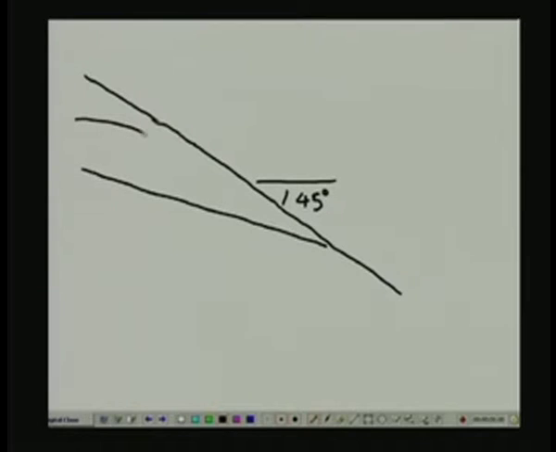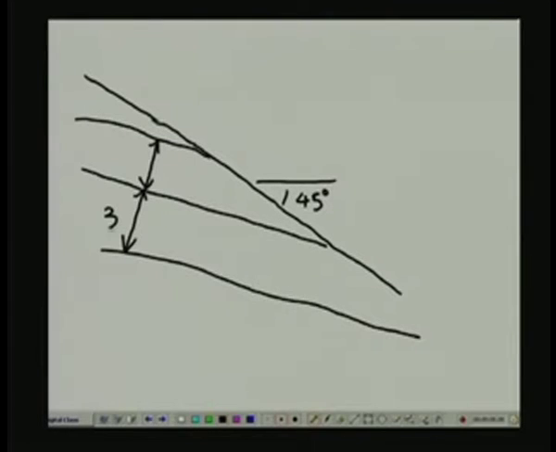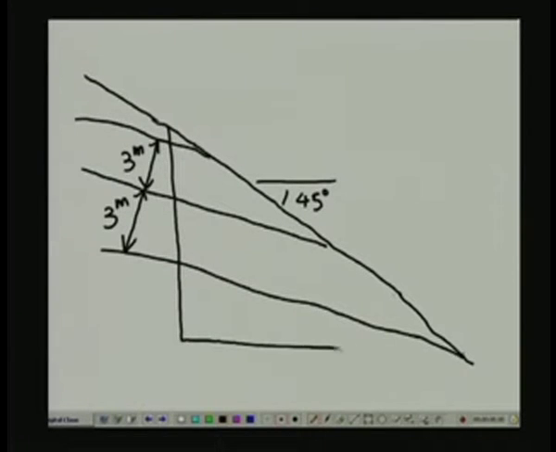So the joints are like this, and the spacing between the joints is 3 meters. All the joints are at 3 meter spacing, and what we are up to is cutting this particular hill slope in this manner. And the question that I asked was whether this particular configuration is going to be safe or unsafe.